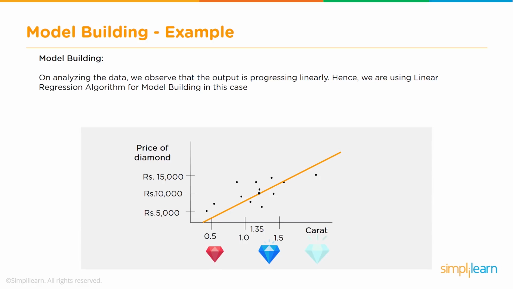So this is a linear regression problem. You have data for various carats of diamond, and you pass it through a linear regression model, which can then predict your price for 1.35 carat. So this is one example of model building.